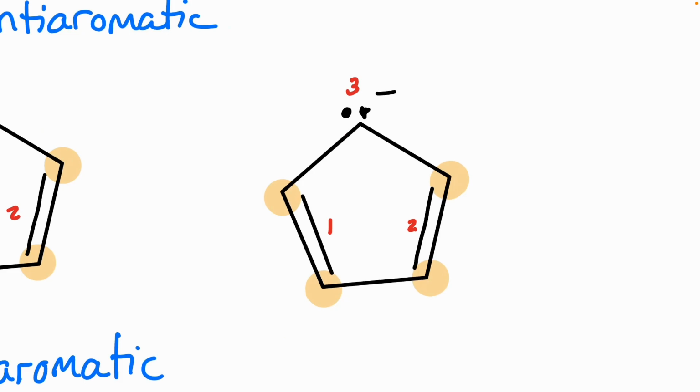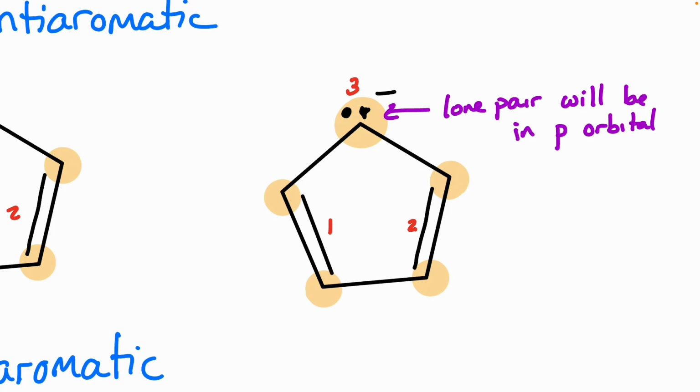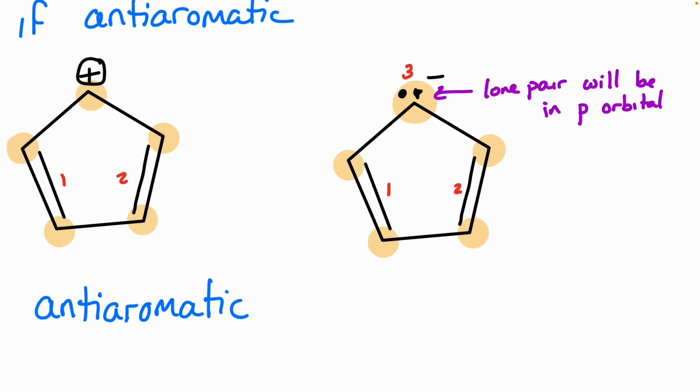Yeah, because that will make that compound aromatic. It will give it that odd number of electron pairs. So yes, this carbon here will adopt that sp2 hybridization. This lone pair will be in a p orbital, making this compound aromatic.